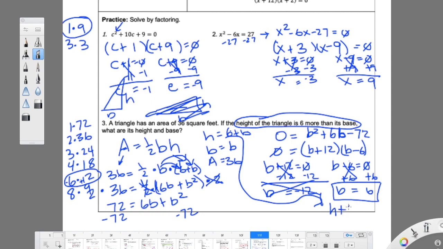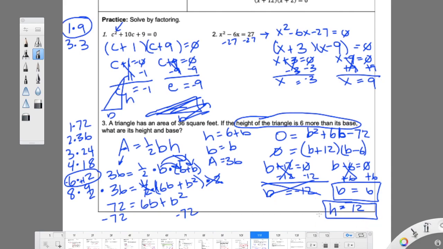So h equals 6 plus 6, which is 12. By chance it's 12. That doesn't have anything to do with this one. That's not going to normally happen. It's just a coincidence. But hey, that's perfectly fine.